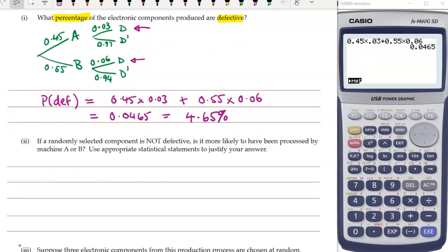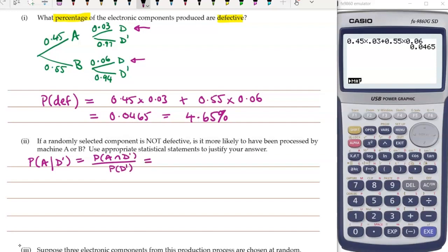For part 2, we want to see if a randomly selected component was not defective, was it more likely that it came from A or B? So we need to compare those two probabilities. So the probability that it was made on machine A given that it is not defective is equal to the probability of it made on A and it's not defective over the probability that it's not defective.